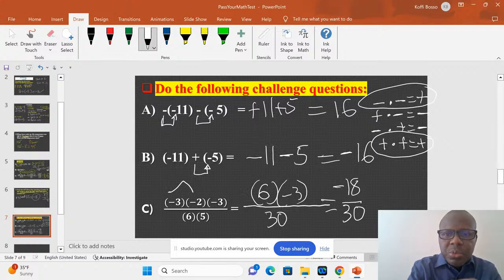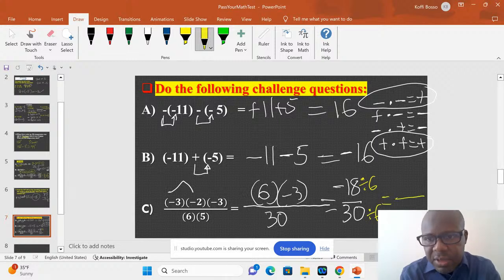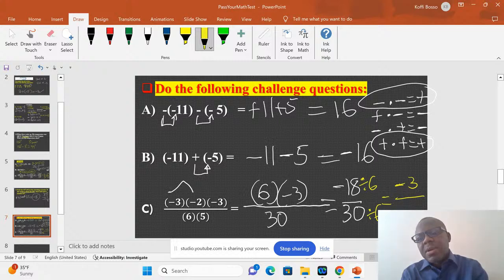This number is 6. So we're going to divide this by 6. Understand that when we divide a negative number by a positive number, the result will be negative. So negative 18 divided by positive 6 gives you negative 3. And 30 divided by 6 is 5. So the answer is negative 3 over 5.